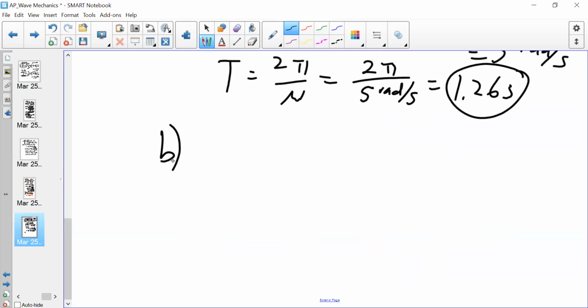Then the max speed. It really doesn't matter, it's the magnitude. I only asked for the magnitude of the maximum speed of the block. Whether you say plus or negative, it's not a big deal.